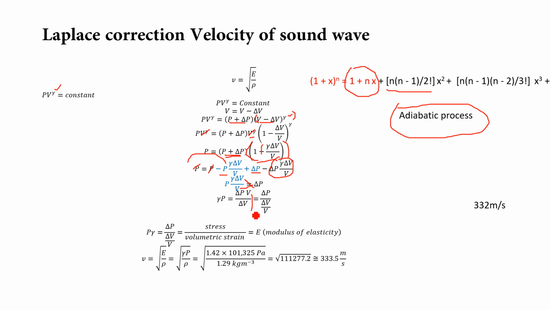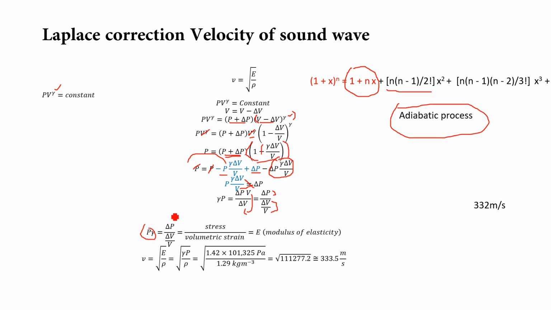And now moving this term back to the downside here, we will have gamma times pressure is equal to change in the pressure divided by change in the volume divided by original volume, where this is the volumetric strain and this change in the pressure is stress. So we have modulus of elasticity is equal to gamma times pressure.